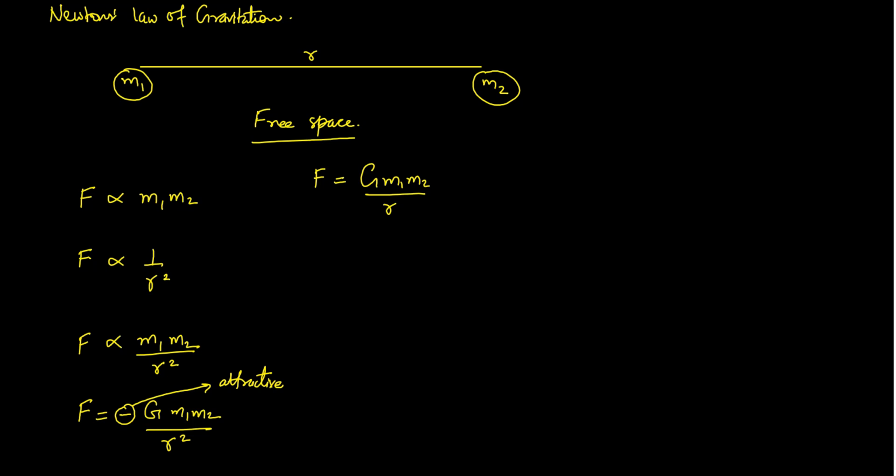But you will find that somewhere in the NCERT there is a negative sign, and sometimes they are not using the negative sign, so don't worry. But my personal advice is to always use the negative sign, because in so many derivations we have to consider the negative sign. So the best thing is to consider the negative sign from the beginning, and there will not be any problem. Is this clear to everyone?